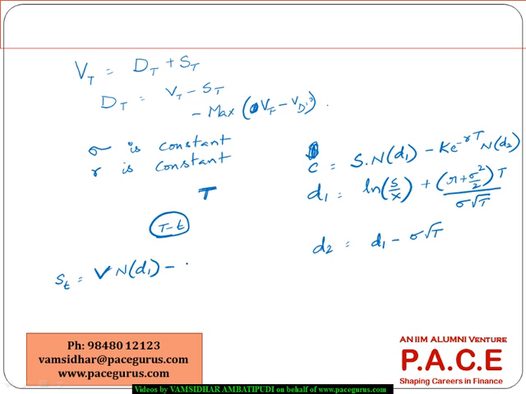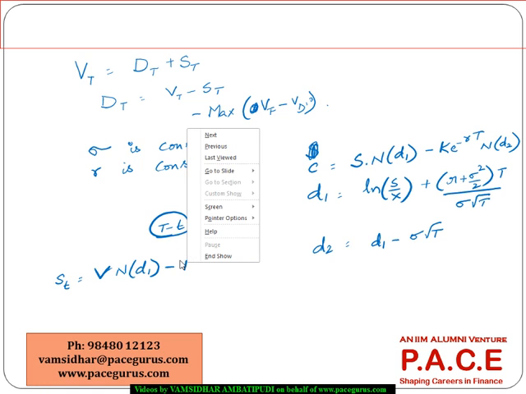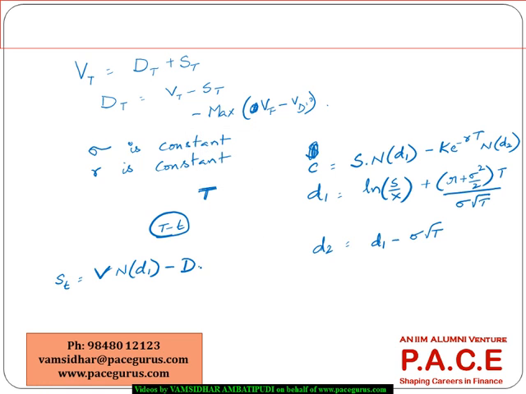The strike price is nothing but the maturity value of the debt. So the present value is e power minus r into (T minus t). T is the maturity period, but I am trying to value it sometime before maturity. So I am finding the present value of the debt multiplied by N of d2.